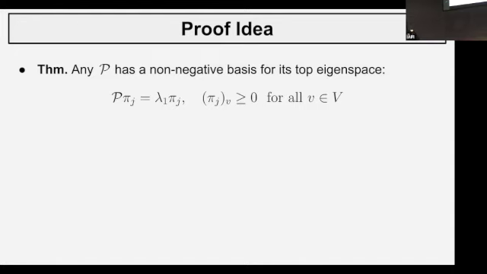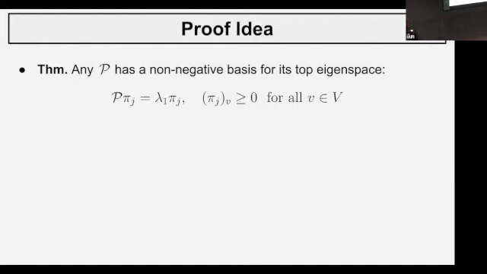If you have any symmetric P with non-negative entries, there exists a basis for the top eigenspace of P. These are basically the eigenvectors that tell you the stationary distributions that your Markov chain can have when you start running P over and over, with the special property that each entry of each basis element is greater than or equal to 0. That's what the Perron-Frobenius theorem tells you, or at least this is one equivalent version of it.